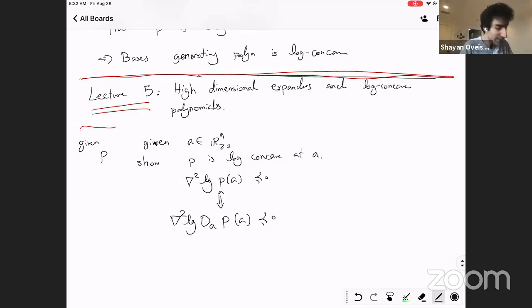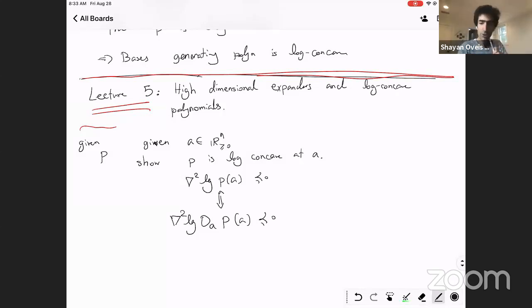This connection simply follows from the equivalence of log concavity and the fact that the Hessian has n-1 non-positive eigenvalues and only one positive eigenvalue. Basically, you can relate the Hessian of P and the Hessian of the directional derivative of P along direction A. They are the same up to a normalizing constant, and therefore one has at most one positive eigenvalue if and only if the other one has at most one positive eigenvalue.